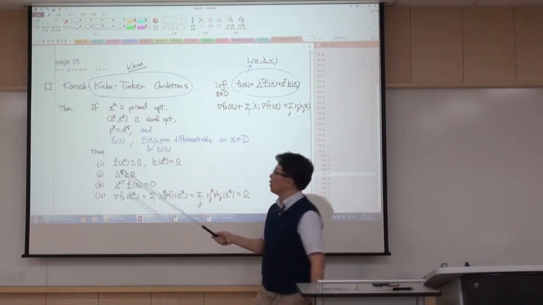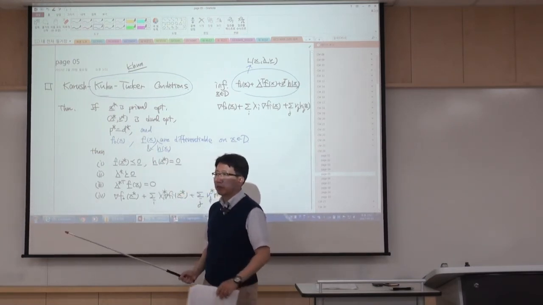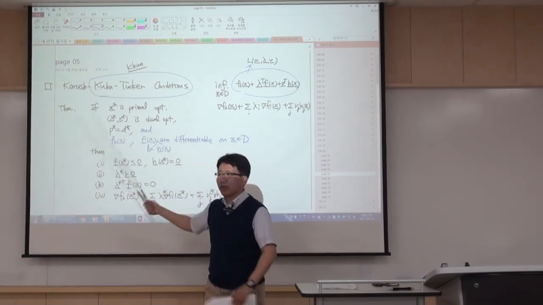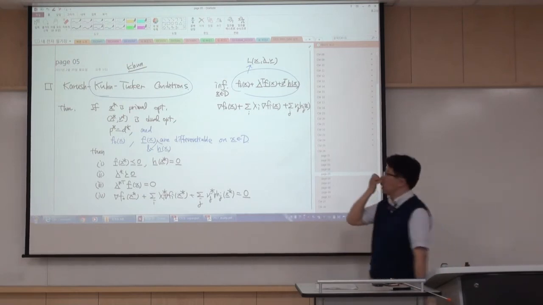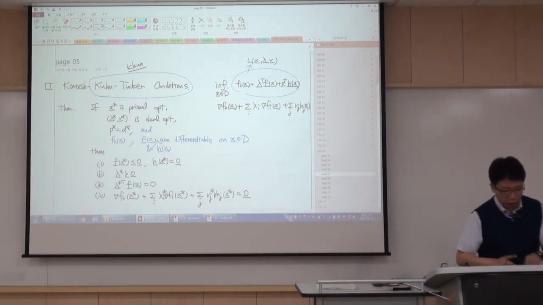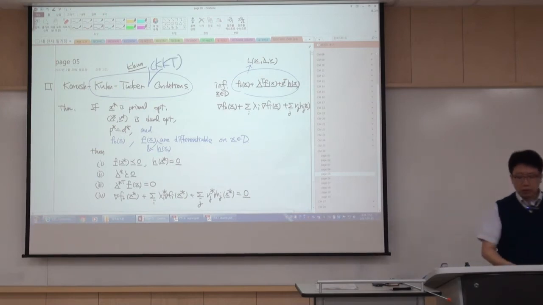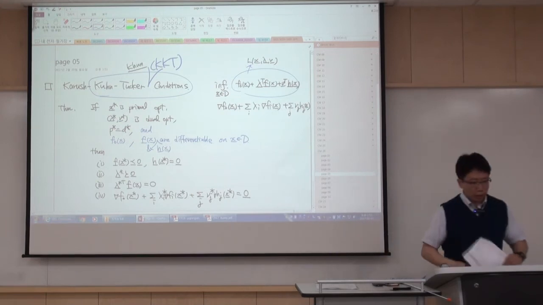The reason is that after they published this result, some people found that long ago this guy Karush had already stated this result. That's why some people say KKT conditions, Karush-Kuhn-Tucker conditions, or sometimes just Kuhn-Tucker conditions. They are the same. Got it?